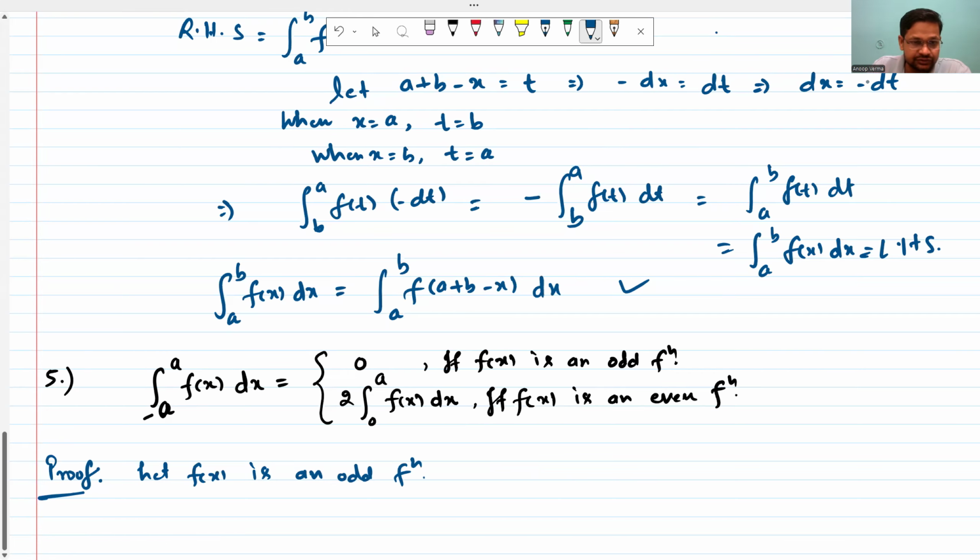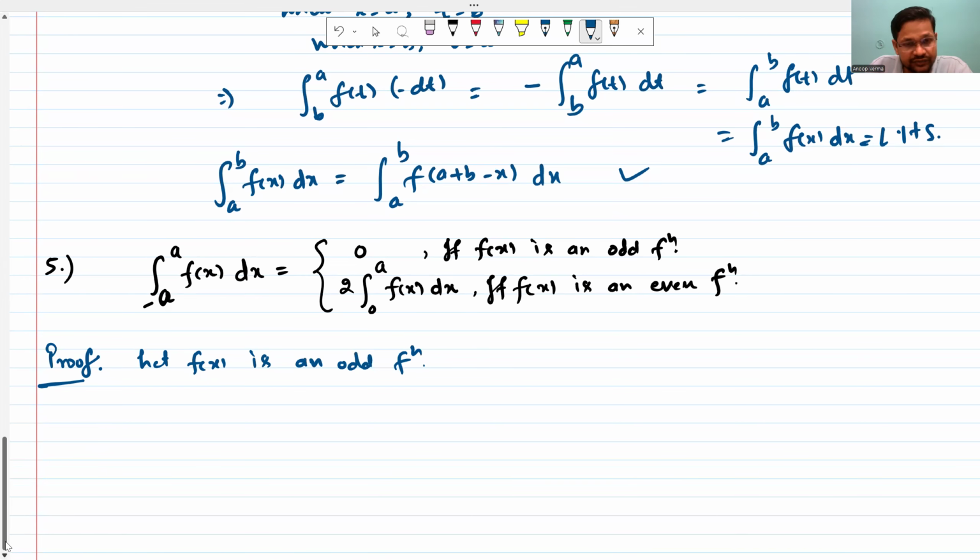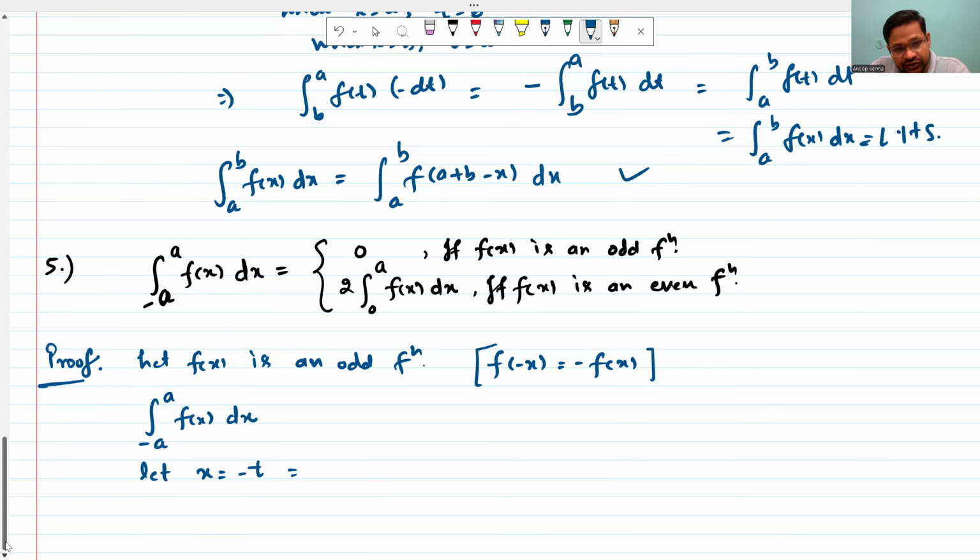I'm going to prove this, taking the integral from minus a to a of f(x) dx. We know that odd means f of minus x is equal to minus f(x). This is the meaning of odd. Now if we replace x with negative t, this implies dx will be equal to minus dt.